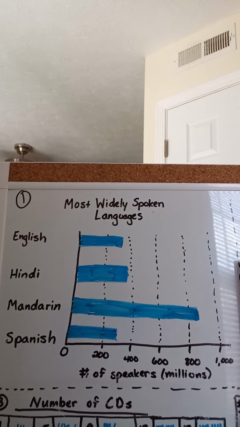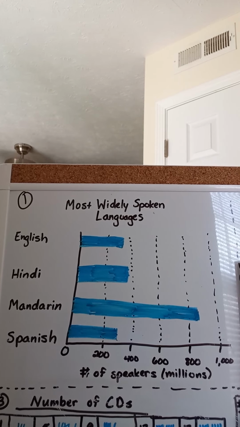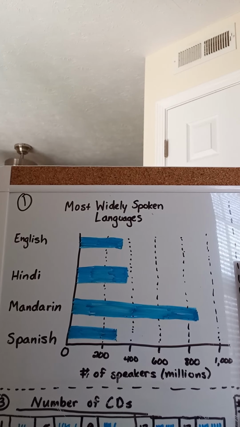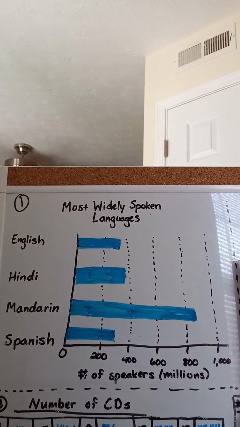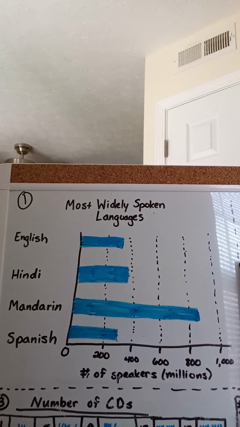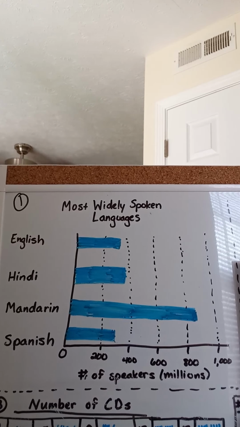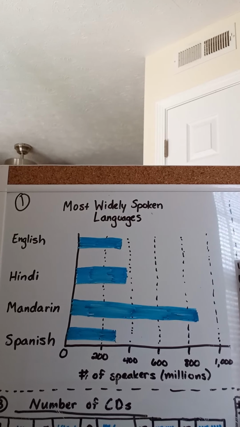So if you took 850 and subtracted 400, you would get 450, right? Or maybe you said that Mandarin was actually 900, and so you took 900 minus 400, and you get 500. So your answer should be between 450 and 500 million, okay?